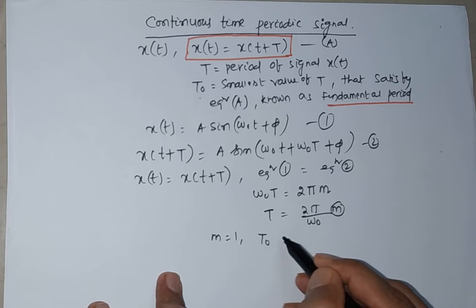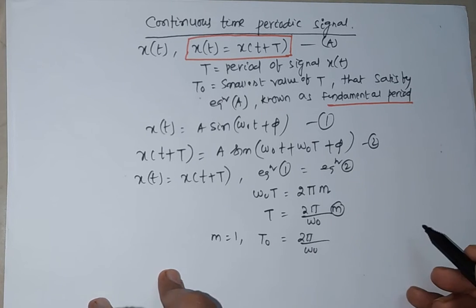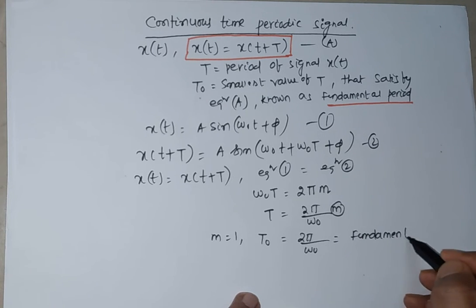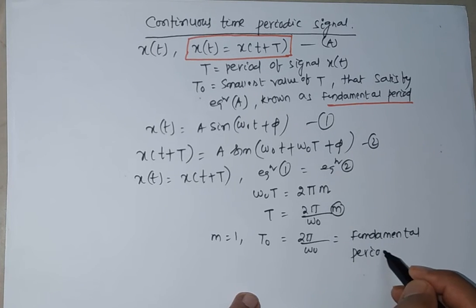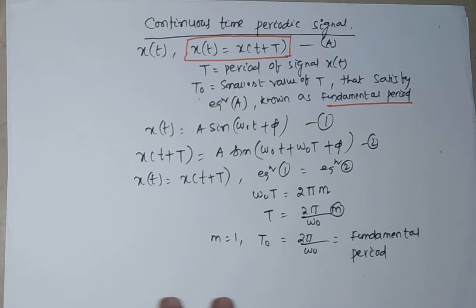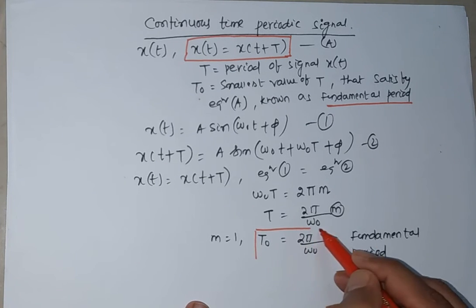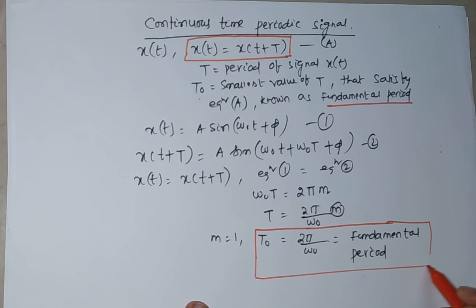So the smallest period t0 equals 2 pi by omega 0. This is known as the fundamental period. This formula we will use to find the fundamental period of a periodic signal.